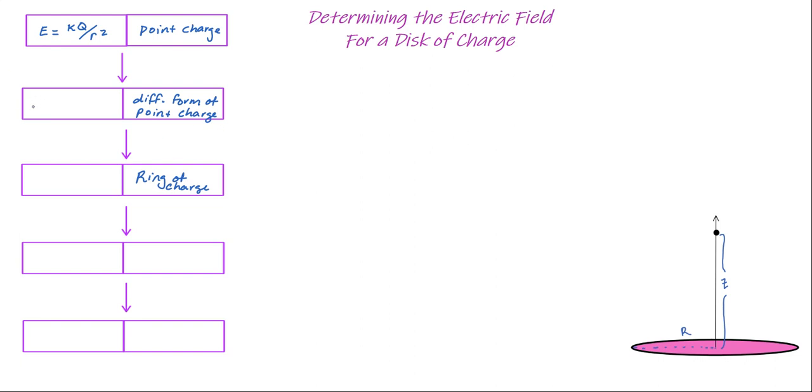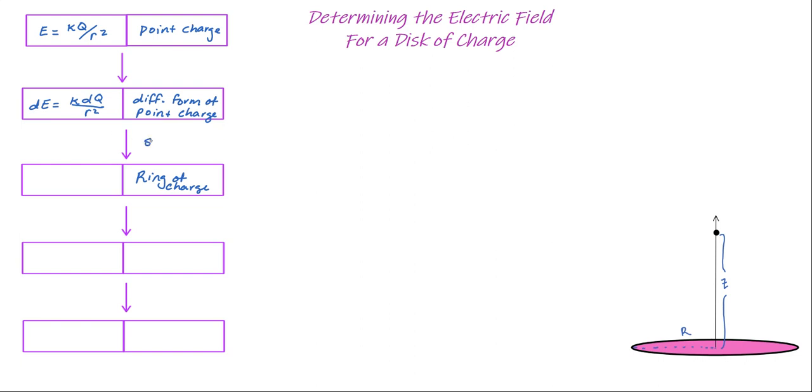So I'm going to change this equation, just like we did before, to dE equals K dq over r squared. That showed me that it was a small contribution dq of the total q for the whole ring.